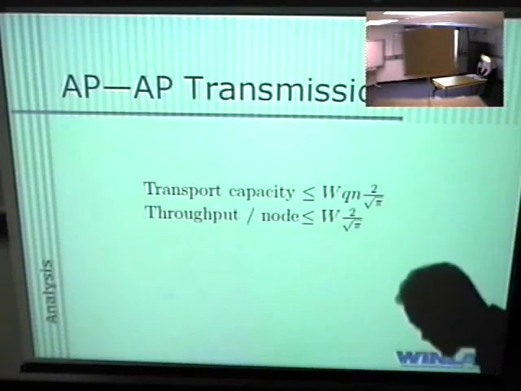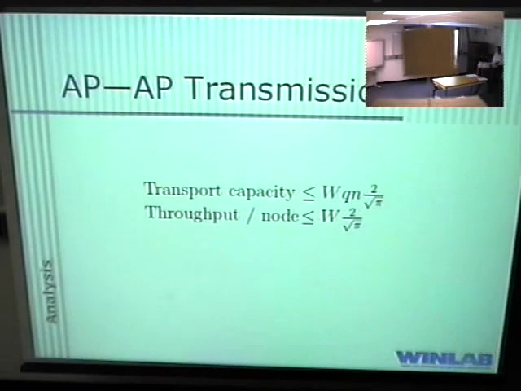I'll ask you a question. All the real communication in the system is really from node to node, in the sense that you have actual nodes that want to communicate with other nodes, just like Gupta and Kumar.